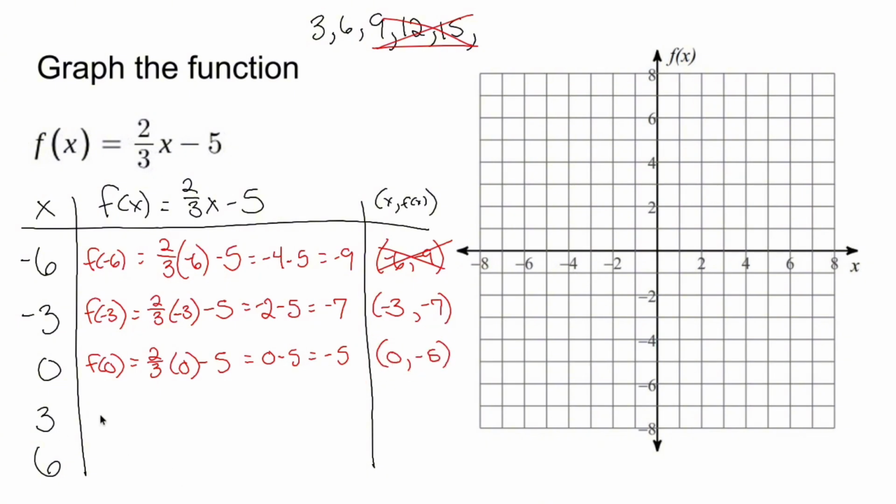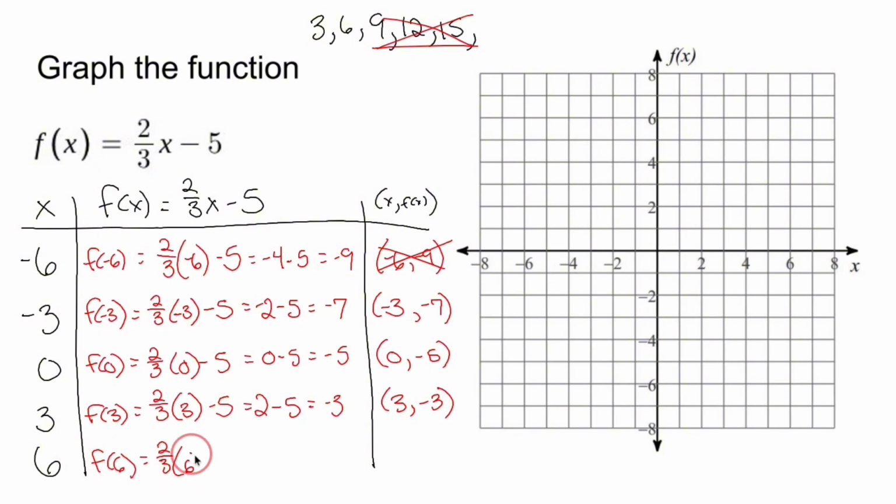If I plug in 3, that's f of 3. 2/3 of 3 minus 5. 2/3 of 3 is 2. 2 minus 5 is -3. And that gives me the point 3, -3. If I plug in 6, I get 2/3 of 6.